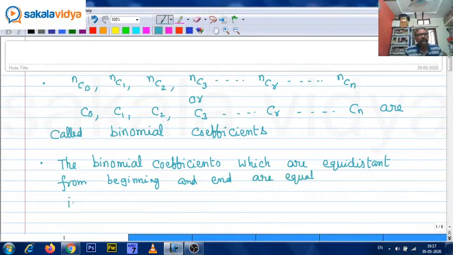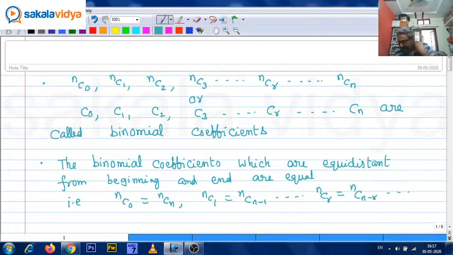So that means nC0 equals nCn, nC1 equals nC(n-1), and so on. nCr equals nC(n-r). They are equal. Okay.